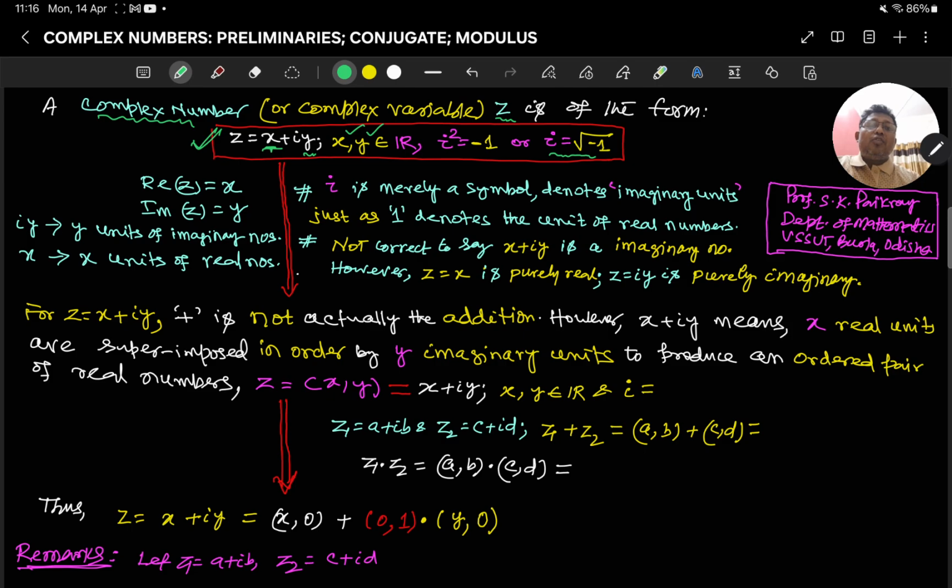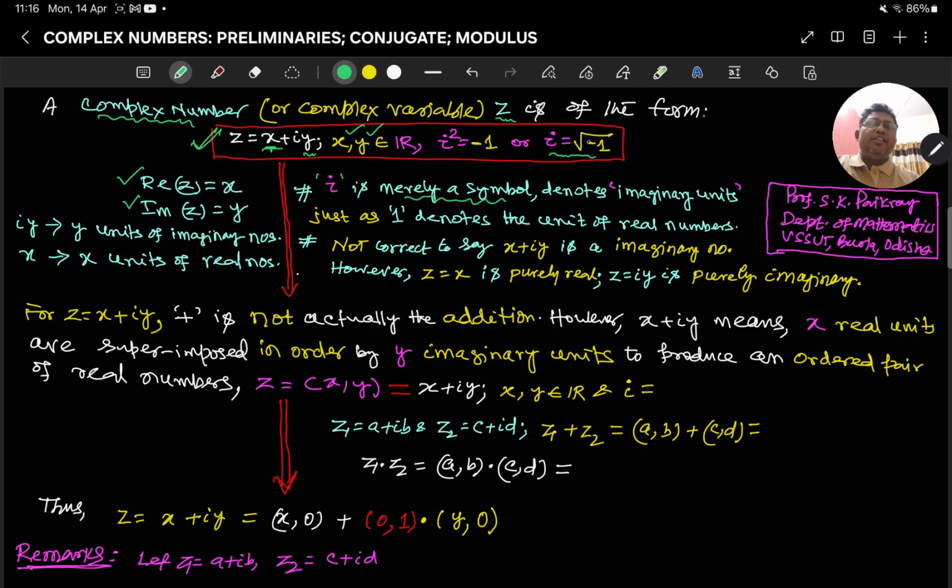Now coming to this complex number z, what is the real part of this complex number? This x is called the real part of the complex number, and this y is called the imaginary part of the complex number. However, this i is merely a symbol.